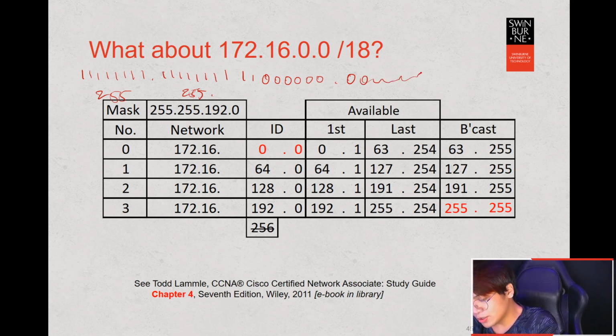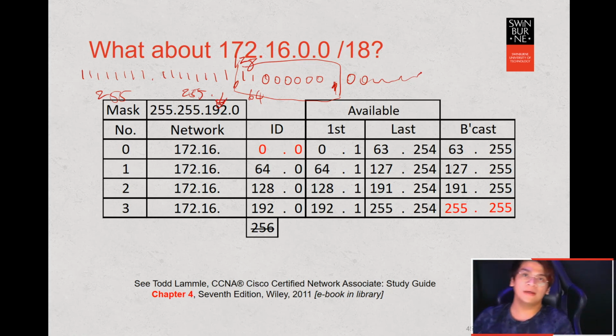Okay, so remember how to calculate the binary thing? Over here, this octet is 128 plus 64 equals 192. So we have /18 equal to 255.255.192.0.